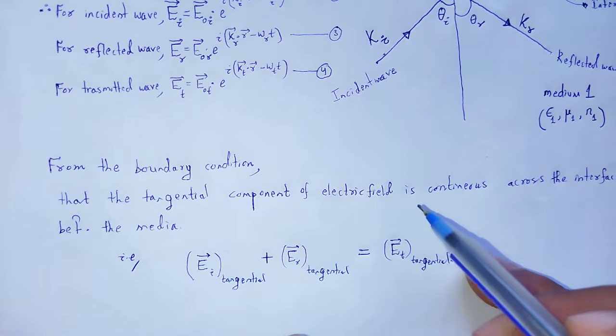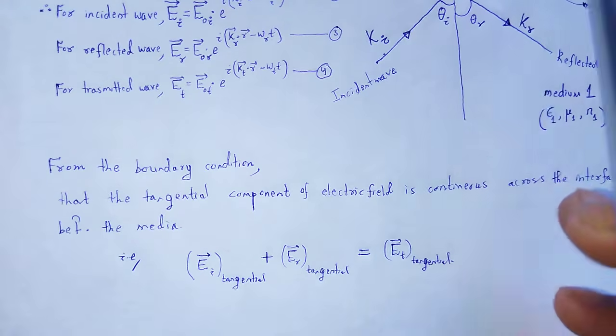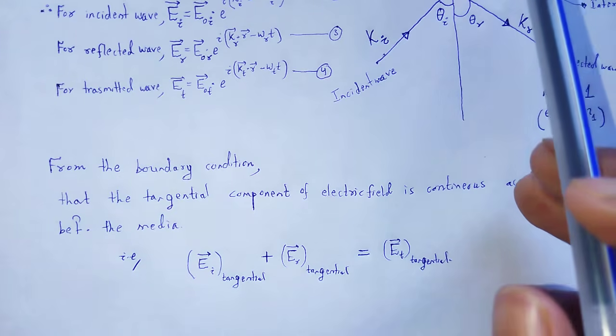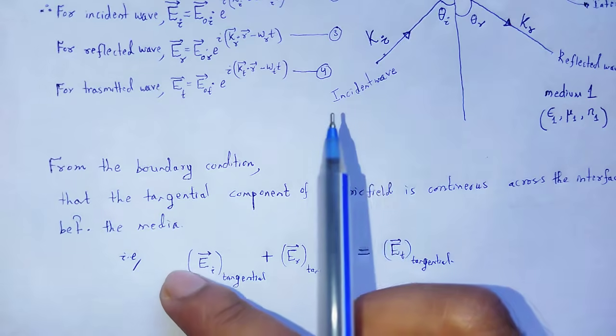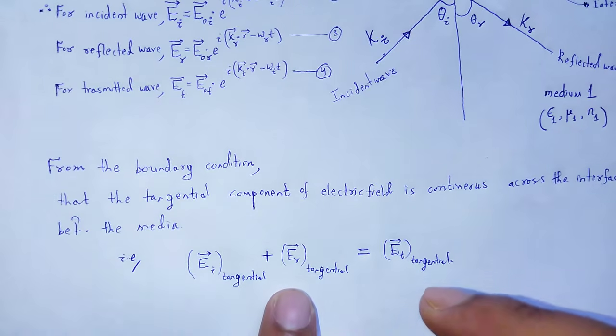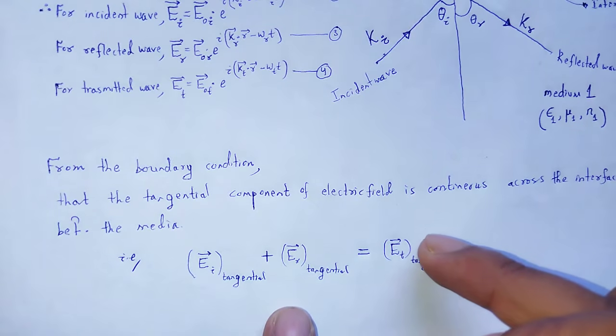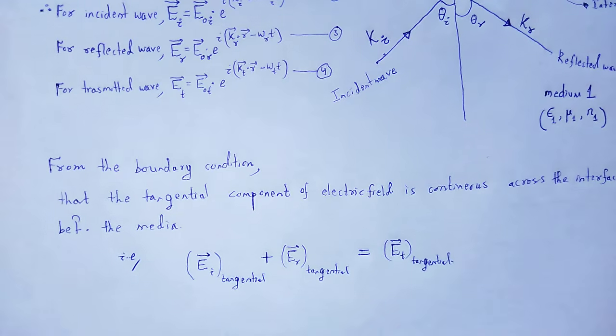The tangential component of electric field in medium 1 is the same as the tangential component of electric field in medium 2. In medium 1, this is due to the incident wave and reflected wave, and in medium 2 it is due to only the transmitted wave.